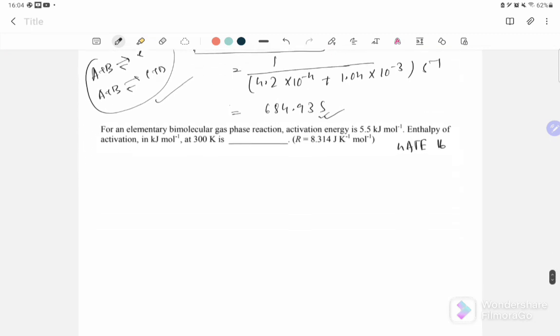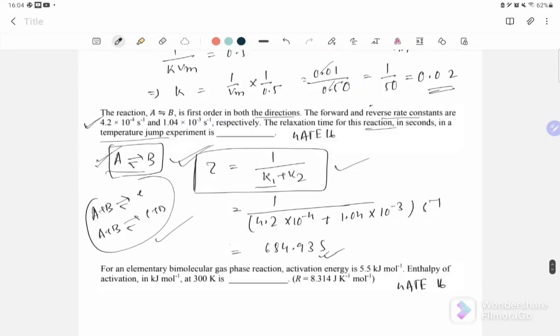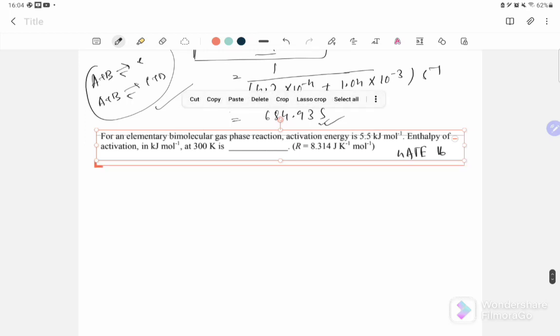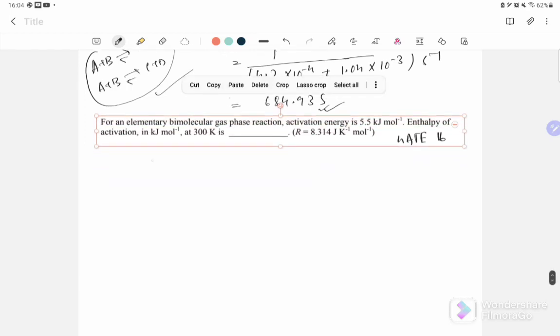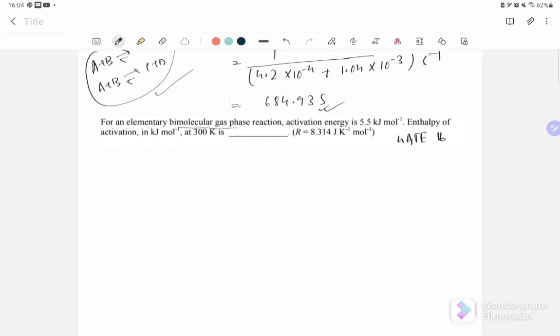Okay, our last question of today. For an elementary bimolecular gas phase reaction, the activation energy is given, and they are asking the enthalpy of activation at temperature 300 Kelvin.